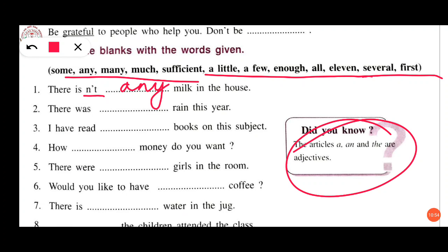Second one, there was dash rain this year. There was sufficient rain. Third one, I have read dash books on this subject. I have read many books on this subject. Fourth, how dash money do you want? How much money do you want?